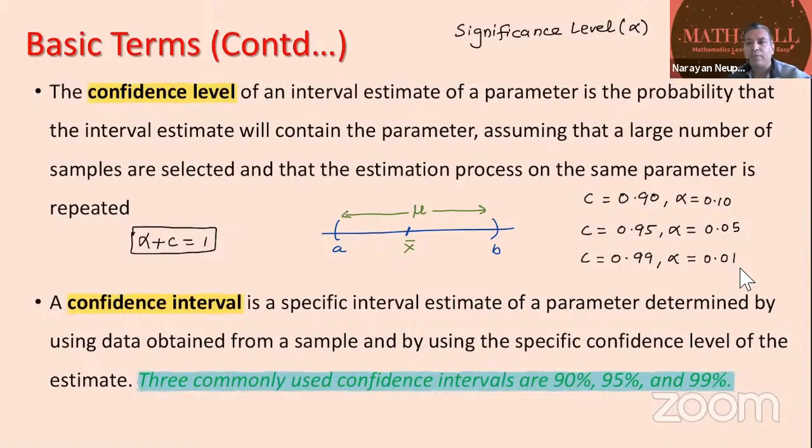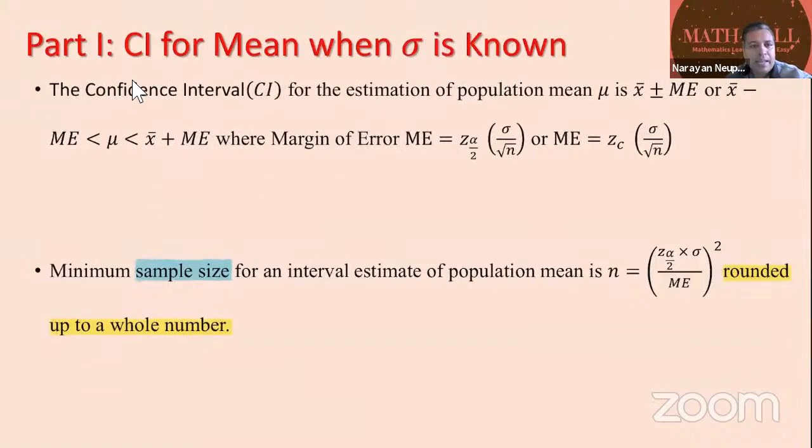So we are going to look at the first type of confidence interval. The first type that we are constructing is confidence interval for mean.